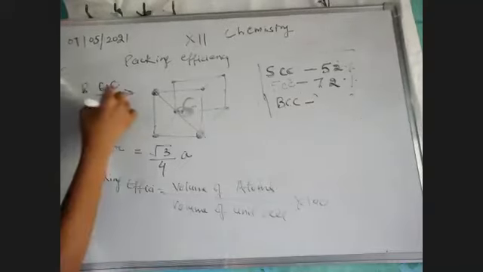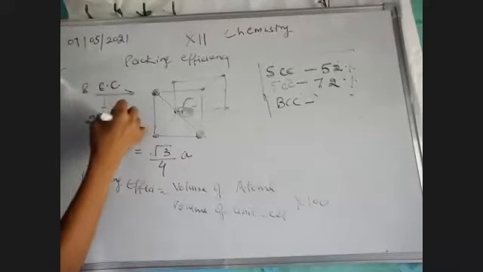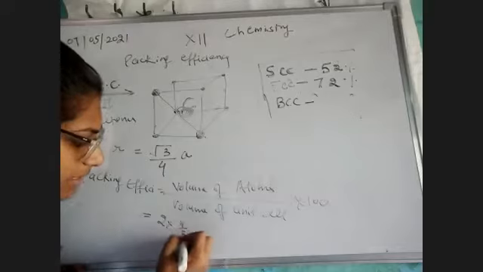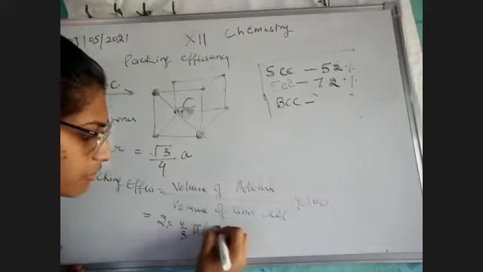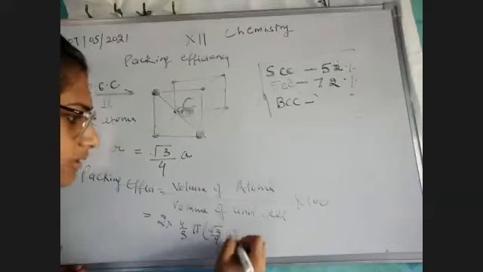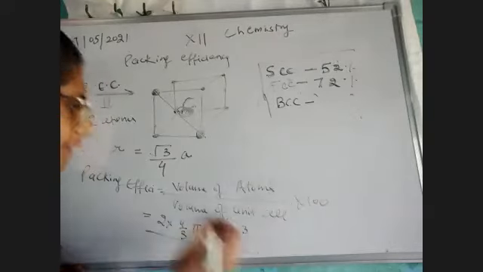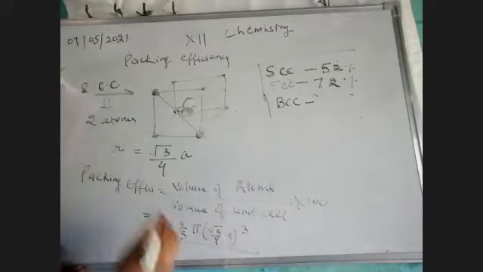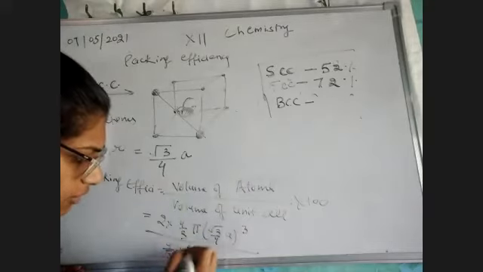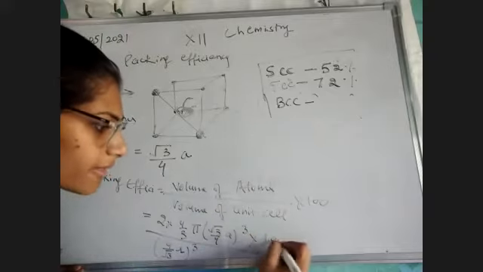Actually, it has 2 atoms. So it would be 2 into 4 by 3 pi, root 3 by 4 a cube, and a equals 4r by root 3, cube, multiplied by 100, and we will solve the whole concept.